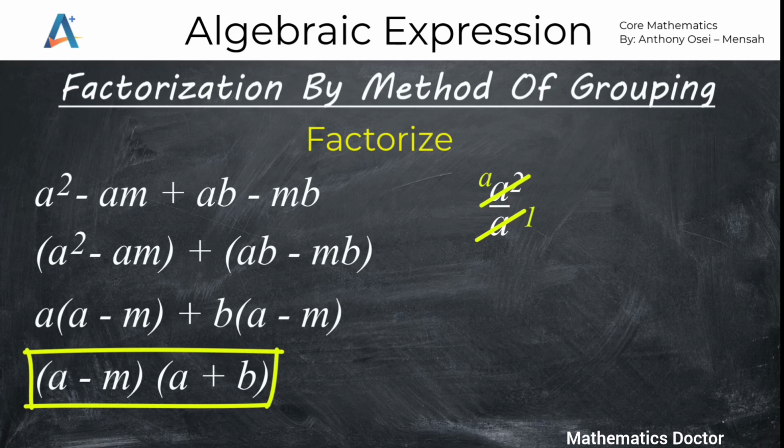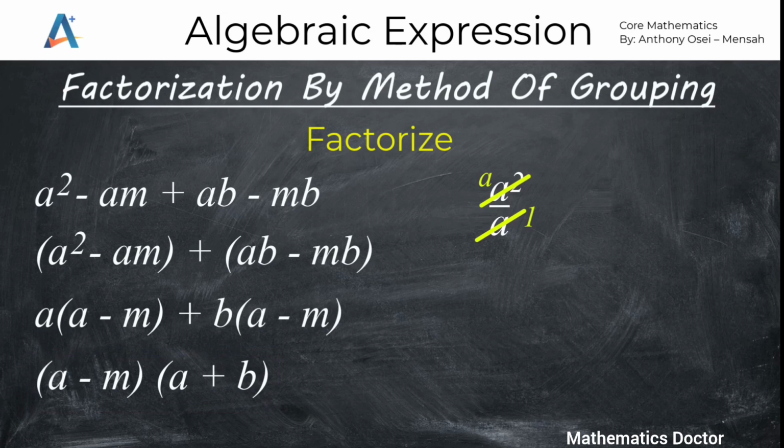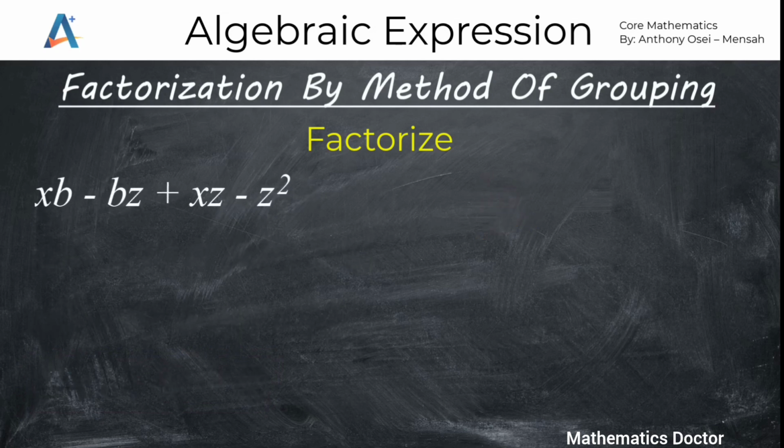Let's take a look at question number 2, which says factorize xb minus bz plus xz minus z squared. If you check again, from the first and second terms in the expression, we realize that the common factor is b. So we can factorize b out.